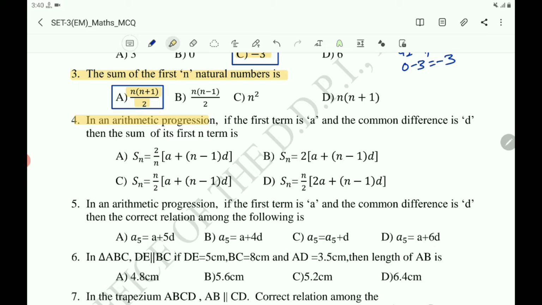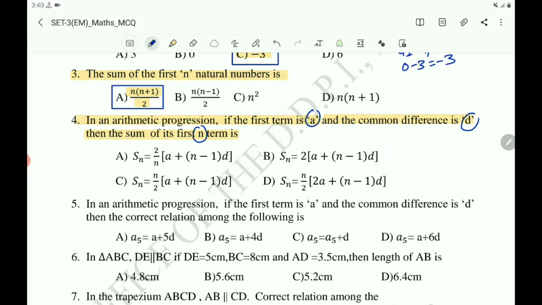Then you take the fourth question. In an arithmetic progression, if the first term is A and the common difference is D, then the sum of its first n terms is. You know the formula to find the sum of the first n terms of an AP when the first term A, common difference D and number of terms n are given.